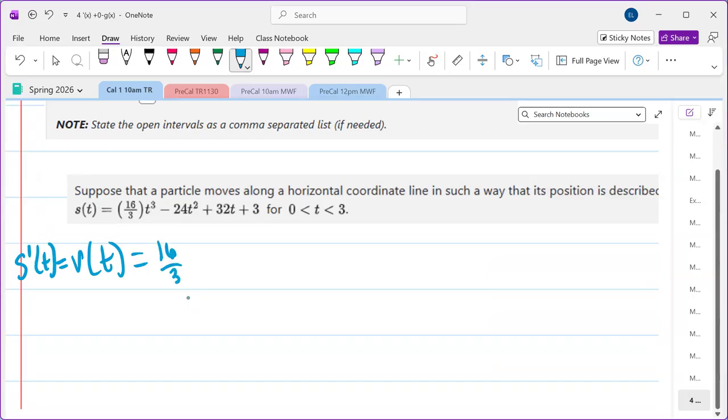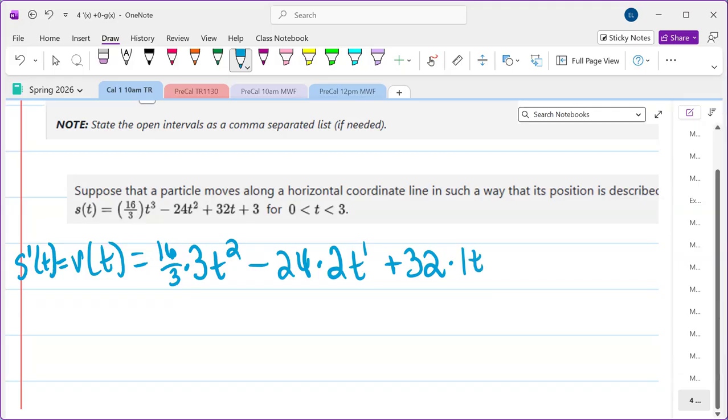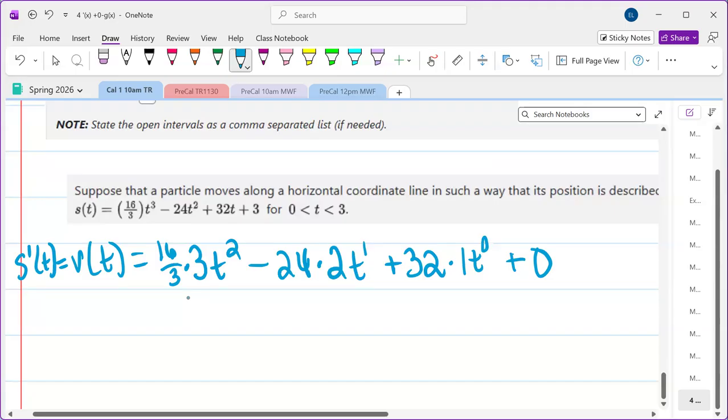So I have the 16 thirds, and then the derivative of t to the third will be 3t squared, minus 24 times the derivative of t squared, which is 2t to the first, plus 32 times the derivative of t, which is 1t to the 0, but t to the 0 is just 1. So really the derivative of 32t is just 32, plus the derivative of a constant is 0. So there's our long written out derivative.